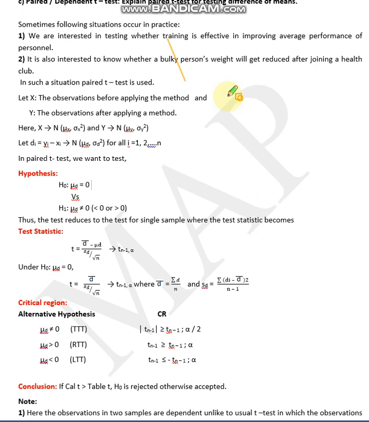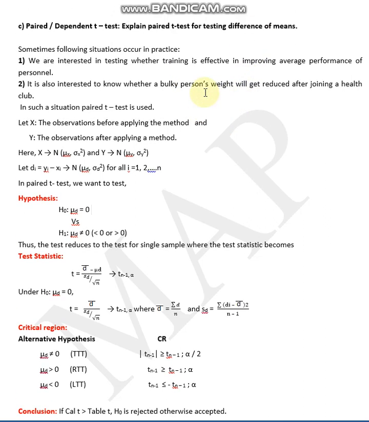Or suppose our research problem is to know whether a bulky person's weight will get reduced after joining a health club or not. In this situation we can use a paired t-test.